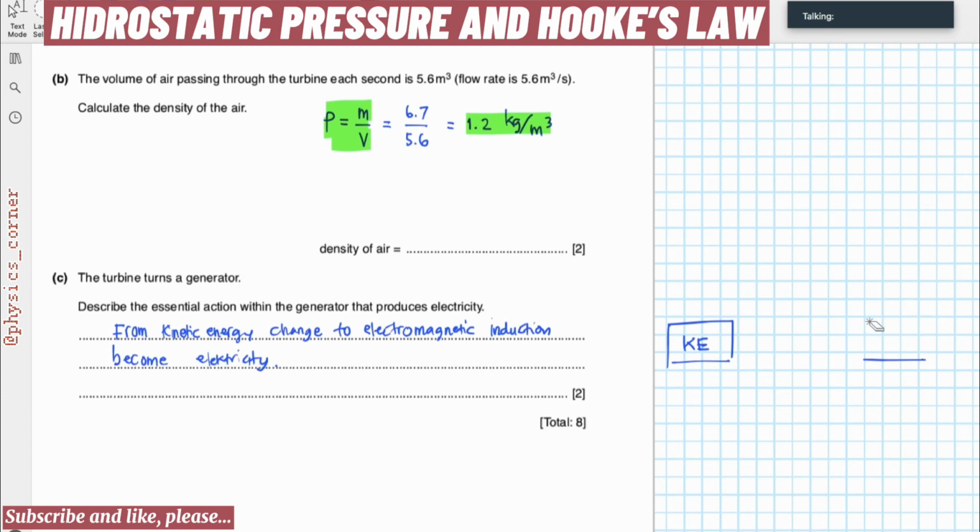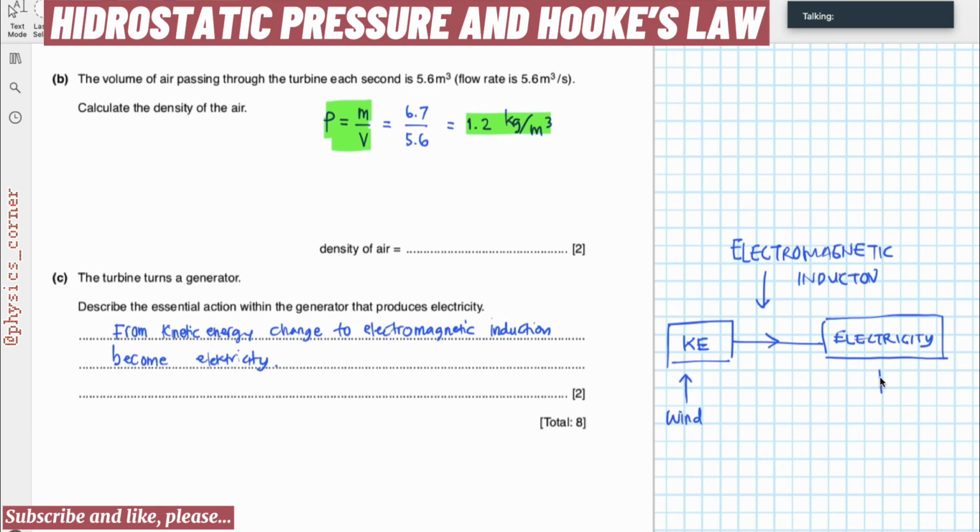Here we have electromagnetic induction. On this side, this is from wind.